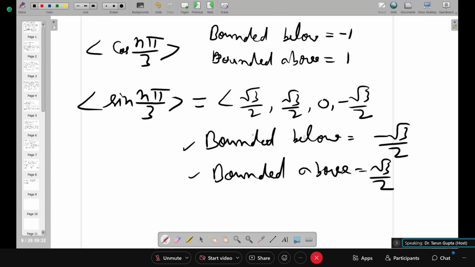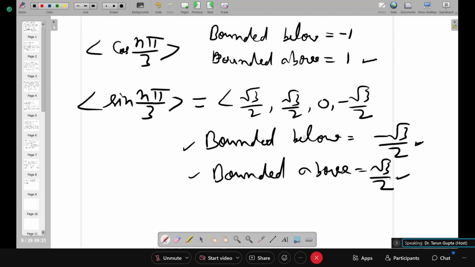It is not compulsory. But the concept of least upper bound means that 1 is also an upper bound, a bounded above element. So what is the least such term? We can say this is the least upper bound, and this is the greatest lower bound.